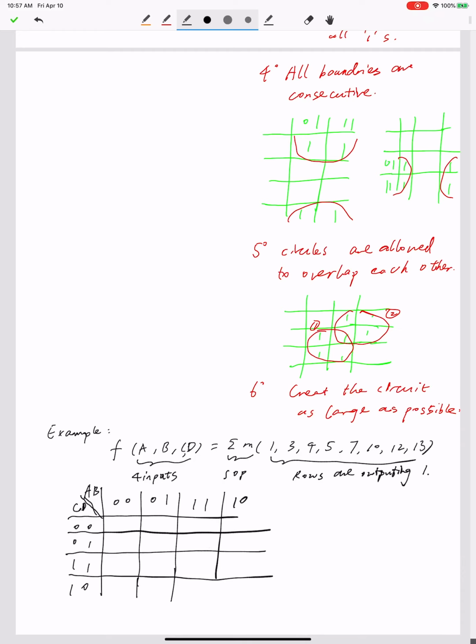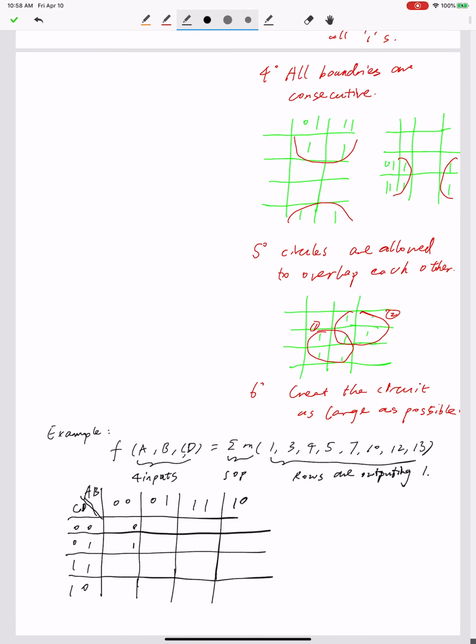After this step, we also need to label the number of the cells, starting from 0, according to the order of ABCD. The first cell is 0 0 0 0, and the decimal number is 0. The second one is 0 0 0 1, decimal number 1. Here the tricky one is this one.